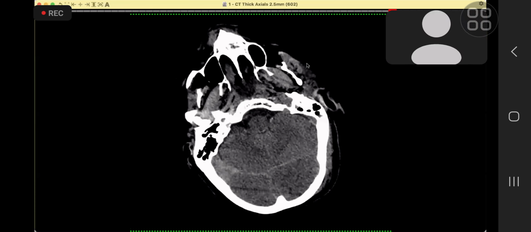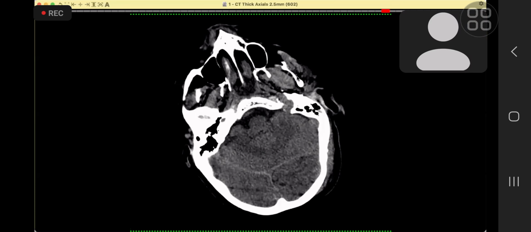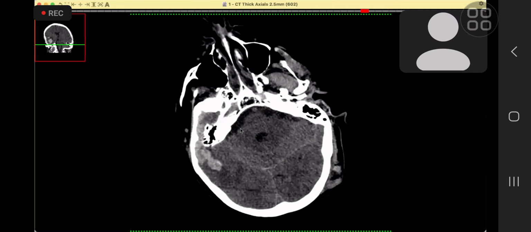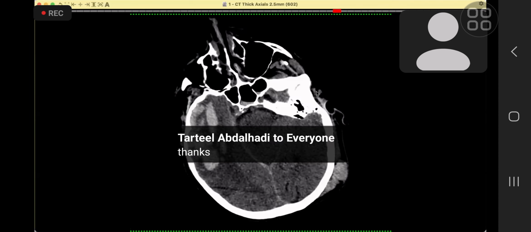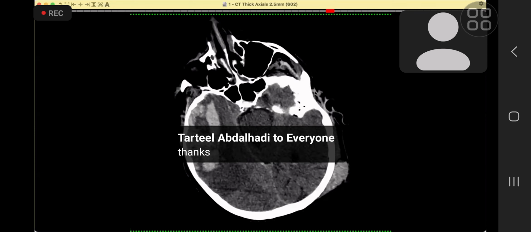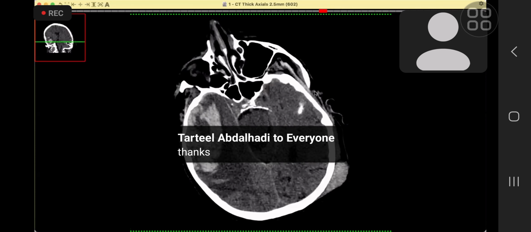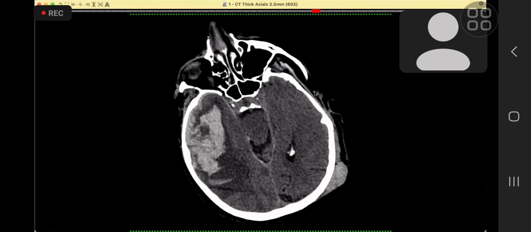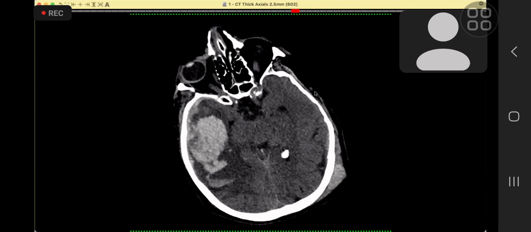Sure. You can hear me? Yes, I can hear you. So there are multiple areas of hyperdensity on this non-contrast CT head with the axial projection shown.